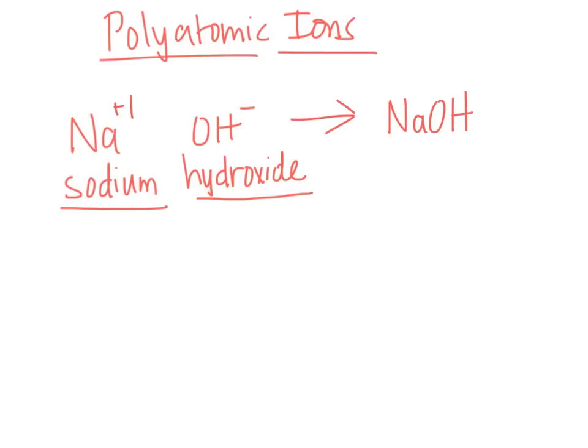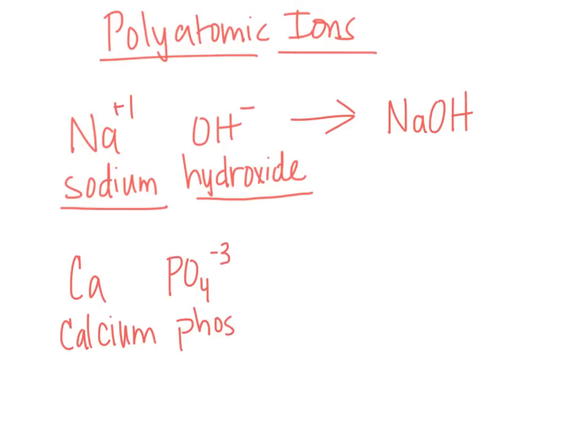All right, let's do another example. Let's do calcium. So Ca, this is calcium. And let's combine calcium with PO4, and that has a -3 charge. If you find this on your common ion sheet, it is phosphate.